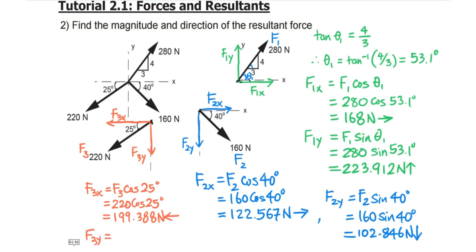F3y equals F3 sine 25 degrees equals 220 sine 25 degrees and equals 92.976 Newton pointing downwards.